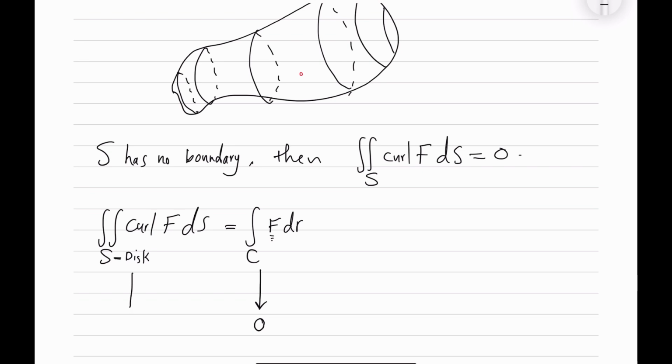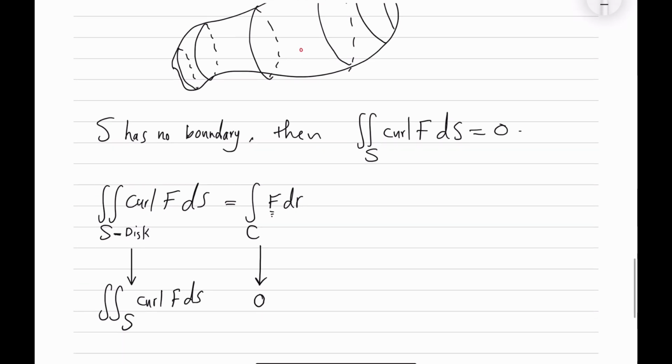On the other hand, if this goes to almost nothing, then this side converges to integrating curl of f on all of S, because what we have removed is negligible. And this equality was always true, and it holds also in the limit, and from that we conclude what we claimed, that the integral of curl of f over closed surfaces will always be 0.